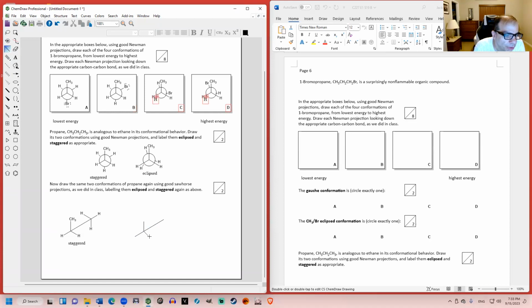And then our eclipsed conformation. Whoops. Will look a little something like that.